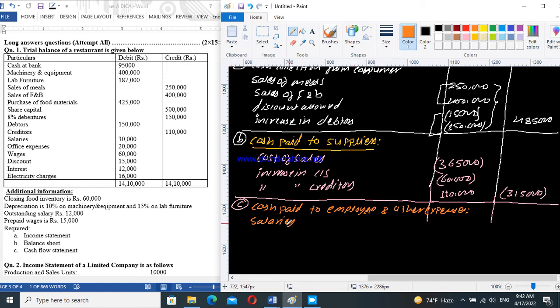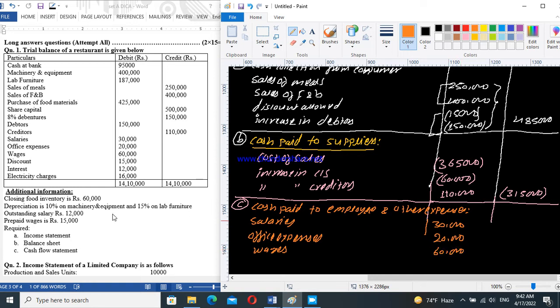Okay. Salary is 30,000. And next we have office expenses 20,000. And next wages 60,000.